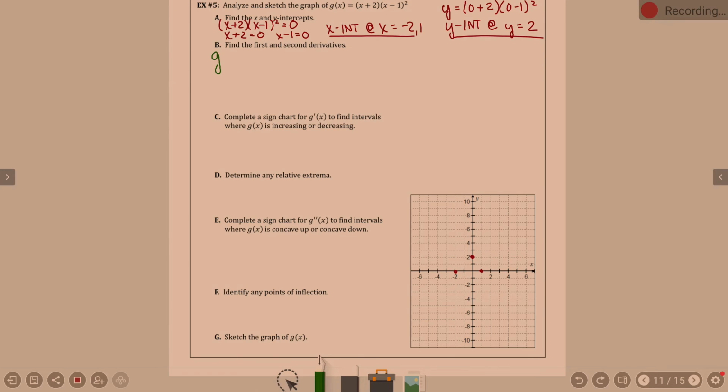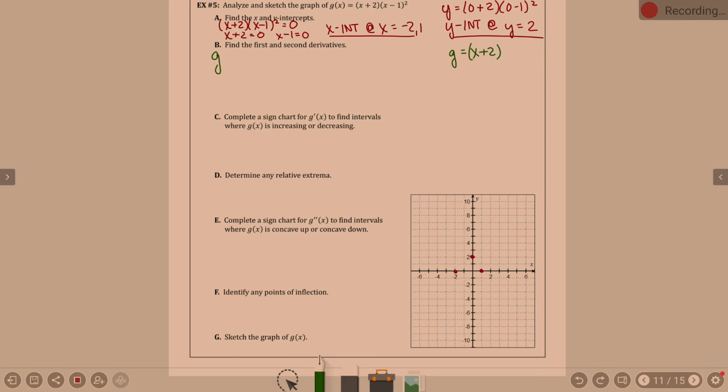Or you can do product rule. I don't honestly know which is better. I think it'll work out the same either way. So when I look at my notes, what I did off to the side is I multiplied this out first, and then I did my derivatives. Ethan, if you want to do product rule and meet me, that'll work too.